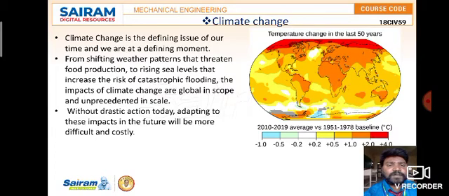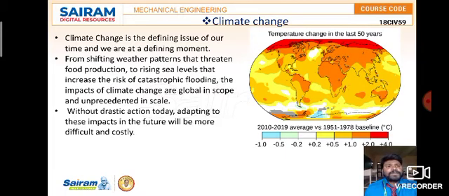From shifting weather patterns that threaten food production to rising sea levels that increase the risk of catastrophic flooding, the impacts of climate change are global in scope and unprecedented in scale. Without drastic action today, adapting to these impacts in the future will be more difficult and costly.